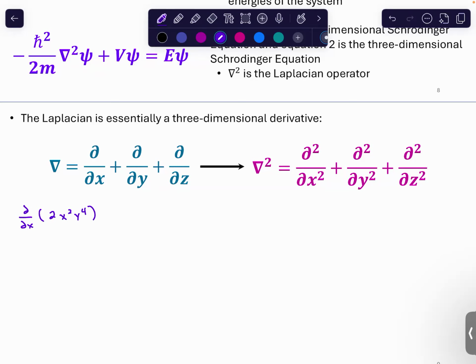You're only doing it for x, and you treat y like it's just any number. Right. So this would become 4x y to the 4th. So the derivative only acts on the x squared. Now, in math class, we skip a lot of things, because in math class, they would tell you to do the multiplication rule all the way across and find out that the derivative of 2 and the derivative of y becomes 0. In physics, we kind of skip some of those steps. For sure.